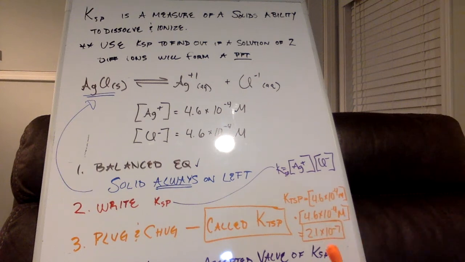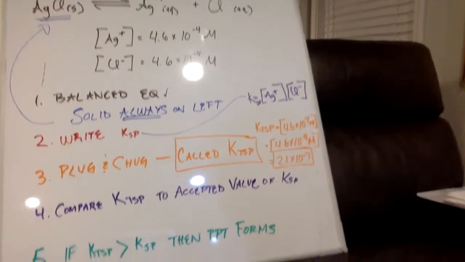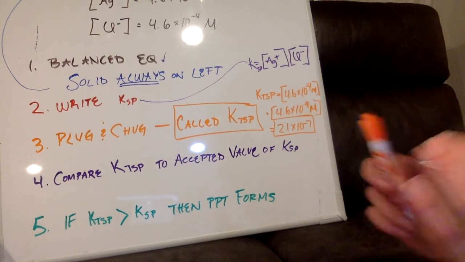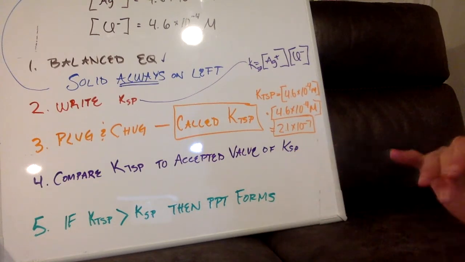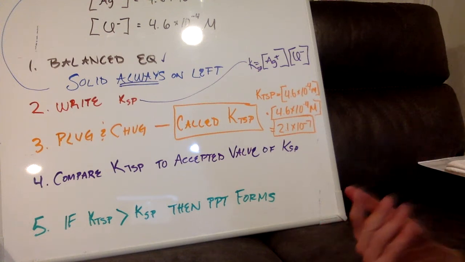Okay, so now you're like, what do I do with it? Well, now you're going to compare it. And if you look in your packet, you have 3 pages of KSP values. There's KSP values for everything. You would never have to memorize that. You can always look that up.